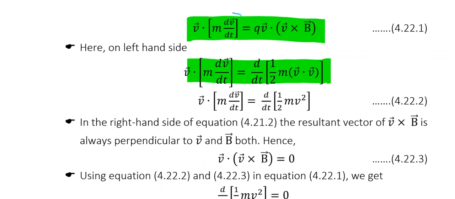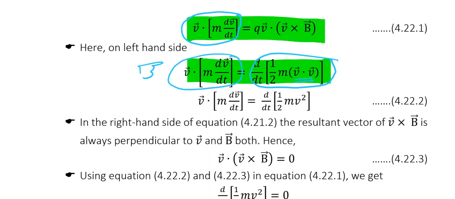The left side can be written as d by dt of half m v dot v. Math students will be able to understand this, that if you take differentiation of v dot v, this is what you get. And then in the right hand side, we have v dot v cross B.